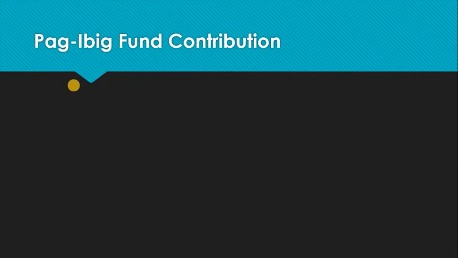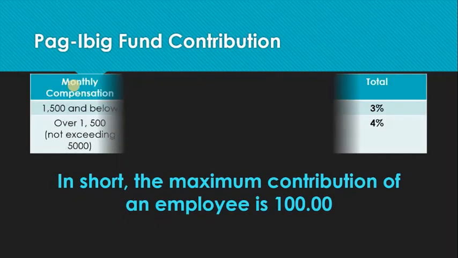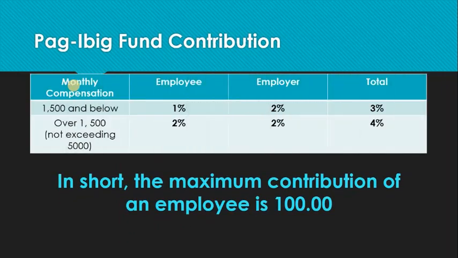Okay, again, the Pag-IBIG fund contribution is more or less about helping the Filipino workers to establish their own houses. So this is how the Pag-IBIG fund contribution works. You have only 2 schemes. Same with PhilHealth and SSS, we have the employee or you as a worker's contribution and the employer or your company's contribution.